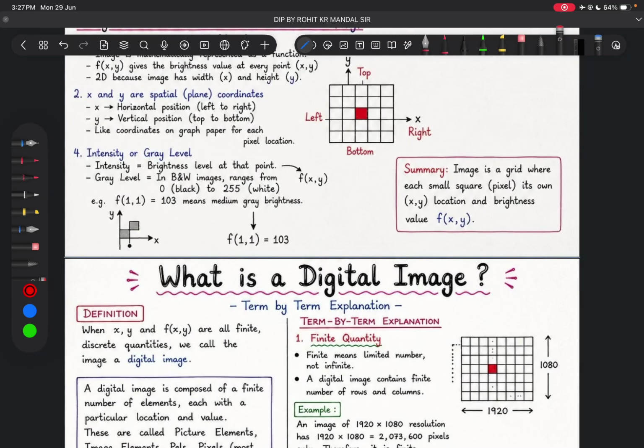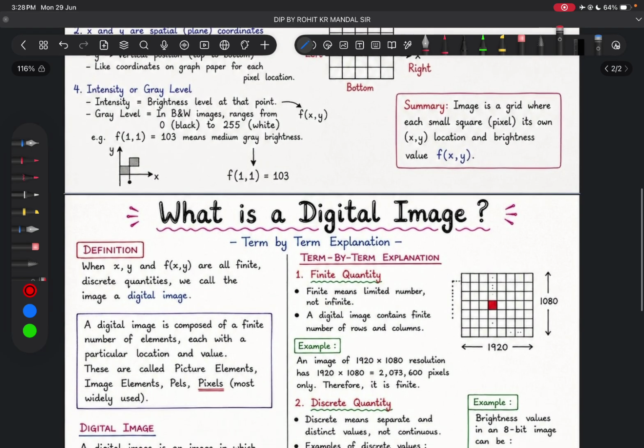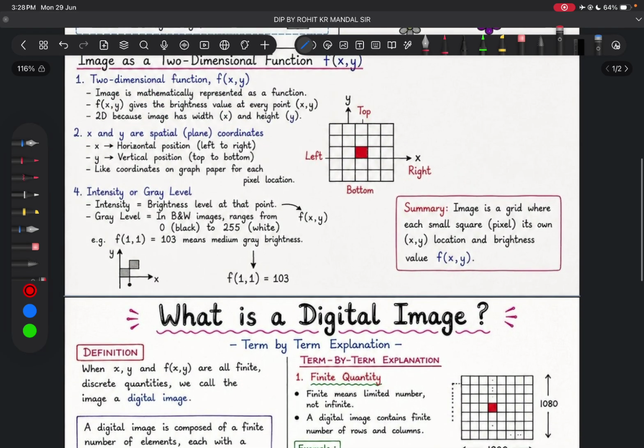Now we have intensity or gray level. Let's understand what intensity or gray level is. Intensity means the brightness level of a pixel. In grayscale images, the intensity value ranges from 0, which means black, to 255, which means white.